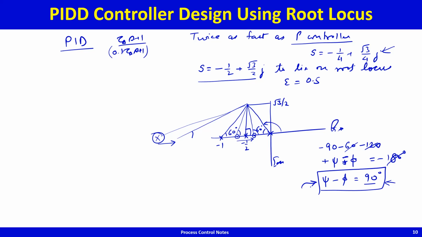In fact, if you take this as the form of the derivative lead lag, you cannot satisfy this angle condition, and so a PID controller cannot give you this kind of performance. So if PID cannot give this kind of performance, well, we'll do PIDD, we'll do double derivative, we'll put two of them.